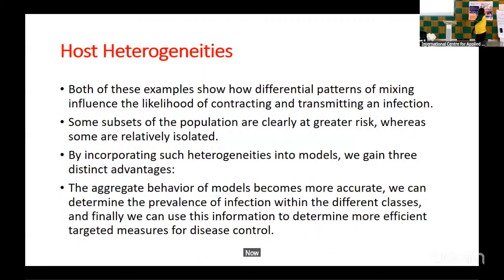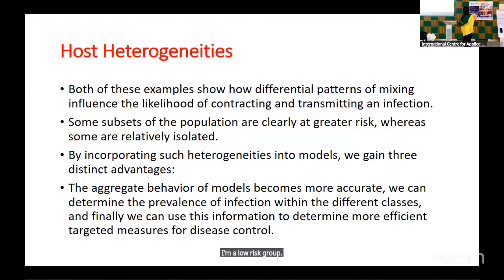Looking at the nature of the contacts or the number of contacts can influence whether somebody will contract or transmit an infection. Some subsets of the population are clearly at greater risk, whereas some are relatively isolated. That was how we talked about the high risk group and the low risk group.